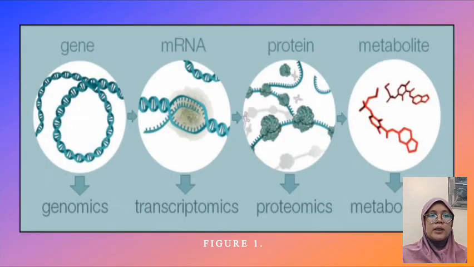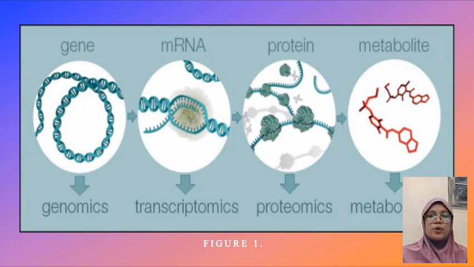So in figure number 1, we have here the gene, mRNA, protein, metabolite. Just as genomics is the study of DNA and genetic information within a cell, and transcriptomics is the study of RNA and differences in mRNA expression, metabolomics is the study of substrates and products of metabolism, which are influenced by both genetic and environmental factors.